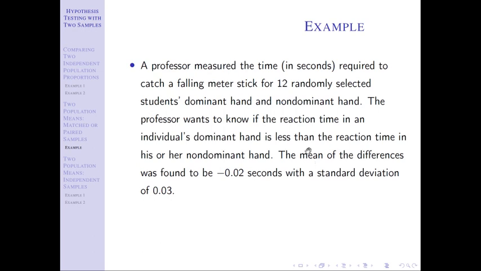Well, you see mean right here, so that kind of gives that away. How do I know if it's one sample or two sample? Because we did something 12 times for dominant hand and we did something 12 times for non-dominant hand. So we did something two different times and there's not fixed numbers for each one. If we got 12 more students, this would give you different numbers and this would give you different numbers. So we talked about that.